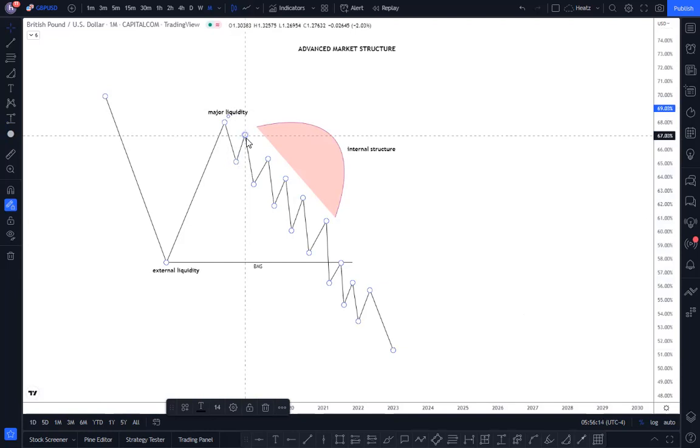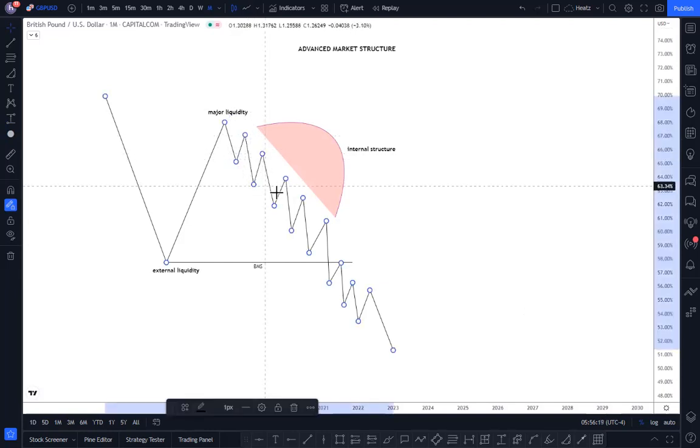From this high to this low here, price gave a defined pullback into this range. From this high to this low, price gave a defined pullback.